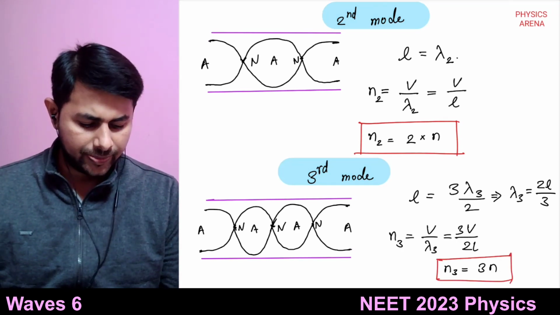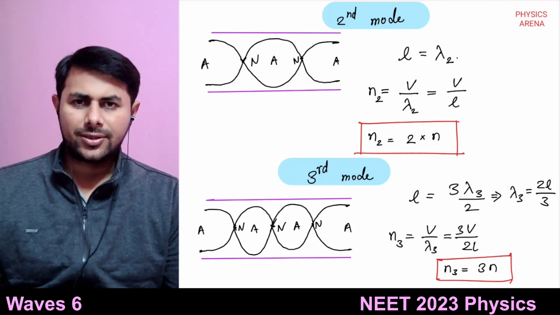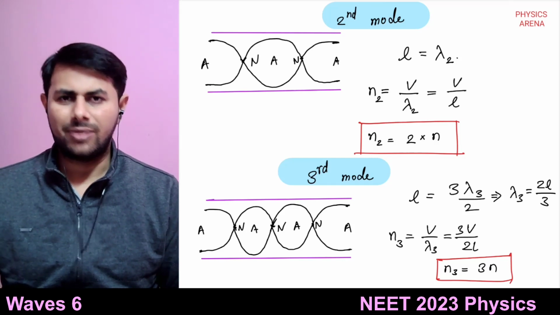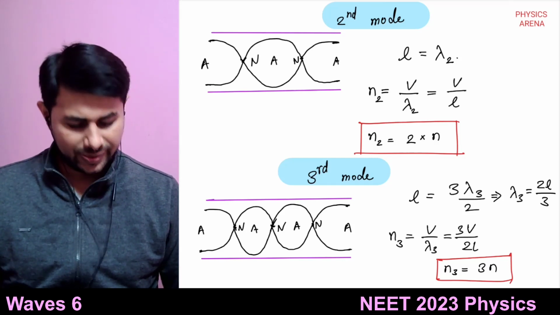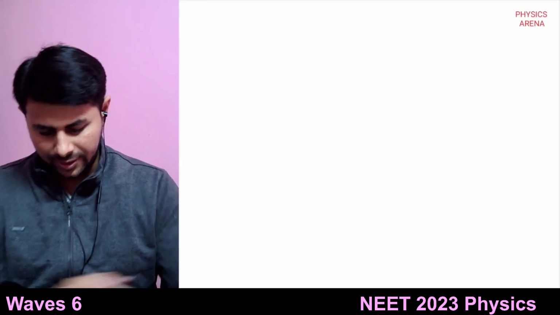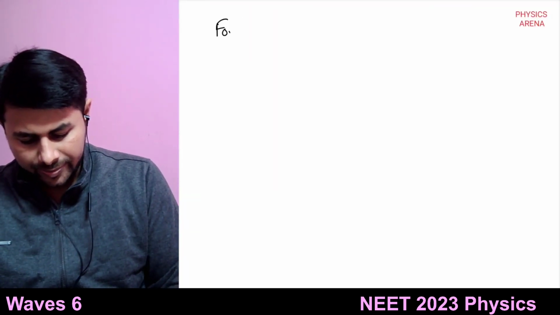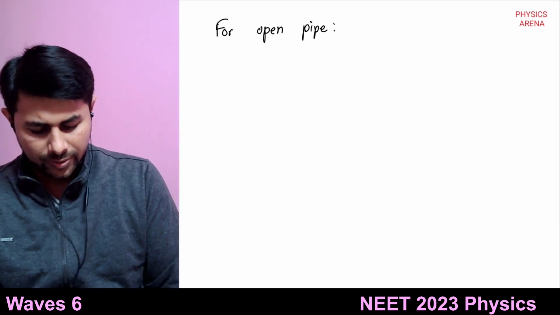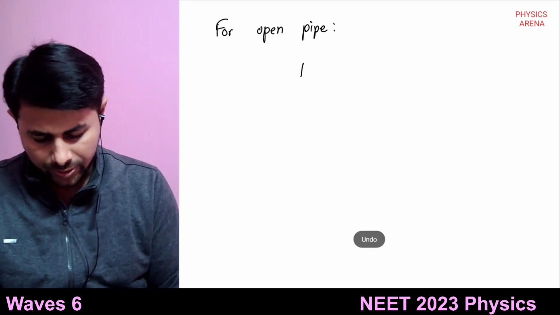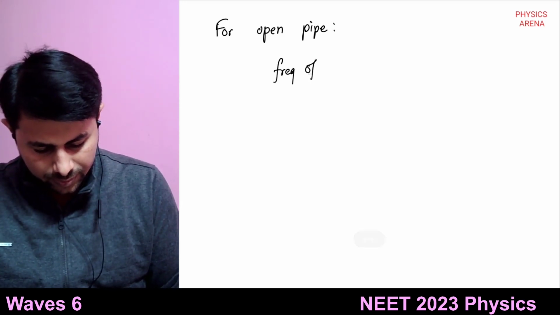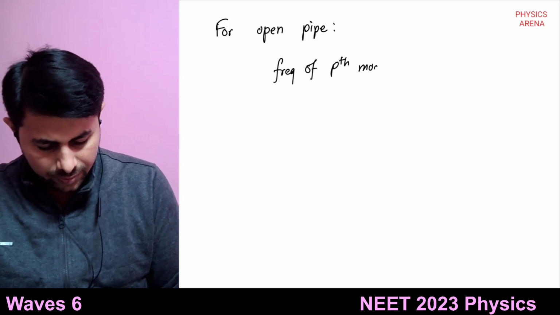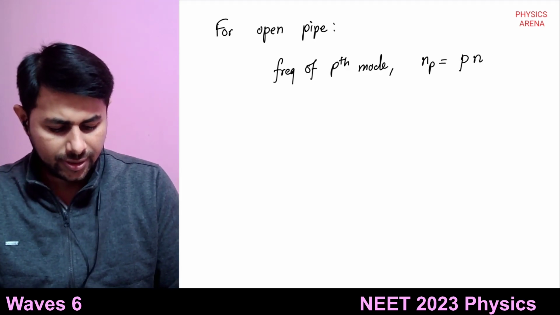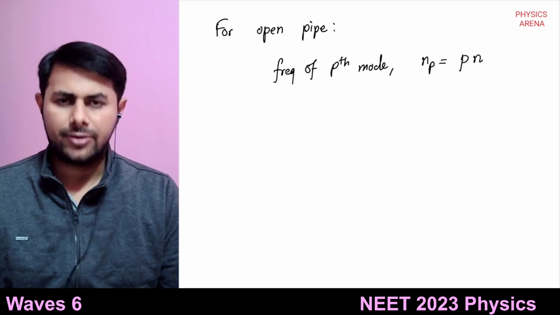So the case of pipe open at both ends is simpler. Here pth mode is just pth harmonic, right? For open pipe, you have frequency of pth mode, Np, is just p times the frequency of fundamental mode.